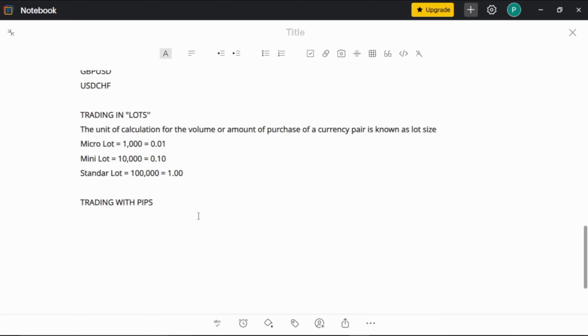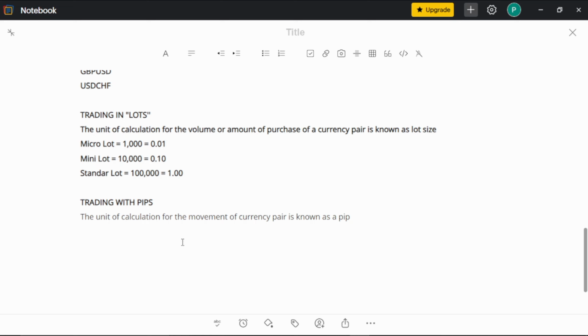And then trading with pips. The movement of a currency pair is known basically as pip.